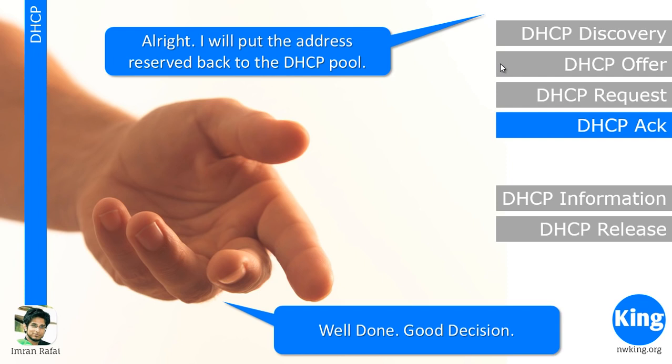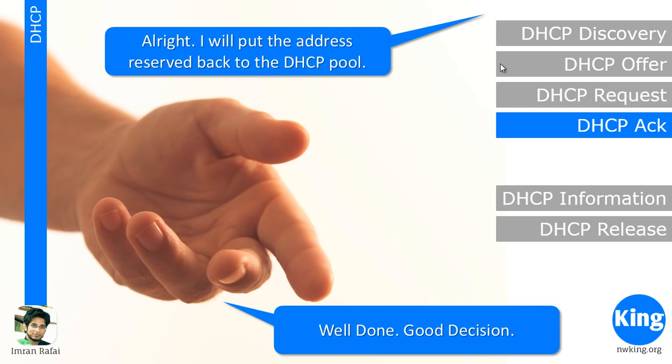It's up to you and me for us to just pull the plug. But the client, the machine, your computer, your laptop, whatever, it doesn't have enough time for it to send the DHCP release message. So in the DHCP process, DHCP release is not a mandatory step, right? So the mandatory steps are DHCP discovery, DHCP offer, DHCP request, and DHCP acknowledgement. So that is how an IP address is configured.